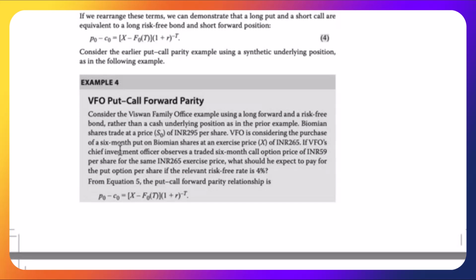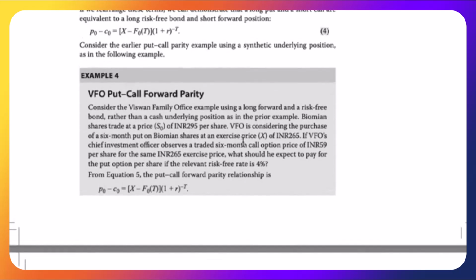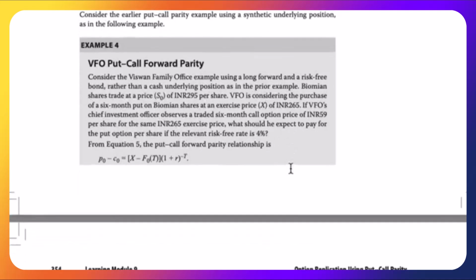VFO is considering the purchase of a 6-month put on Biomian shares at an exercise price of $2.65. If VFO's chief investment officer observes a traded 6-month call option price of $59 per share for the same $2.65 exercise price, what should you expect to pay for the put option per share if the relevant risk-free rate is 4%? So what do we have? We're going to need a number of things, and this is already put in the form that we need.